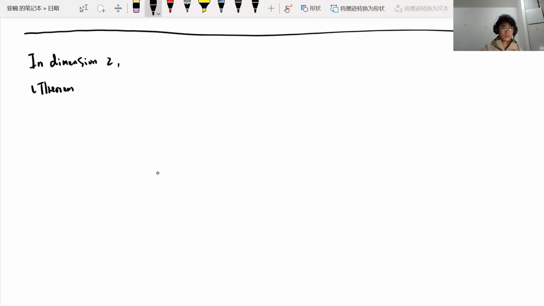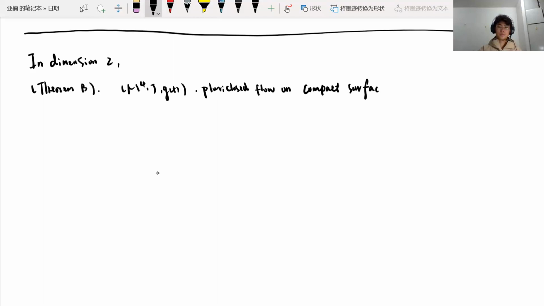Formally, if this is a solution to the pluriclosed flow on a compact complex surface, we assume this flow exists on some interval.